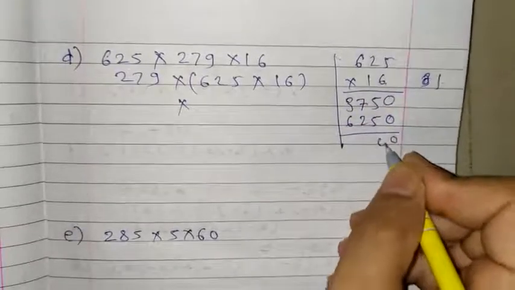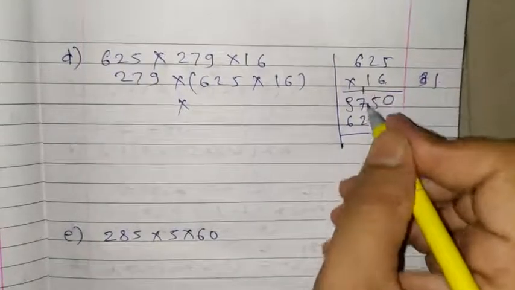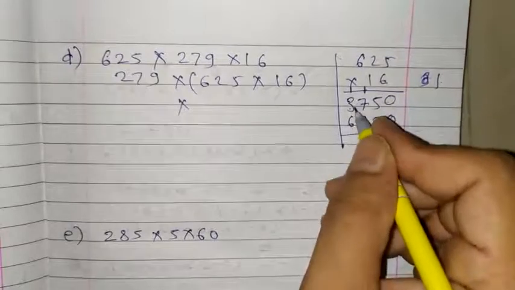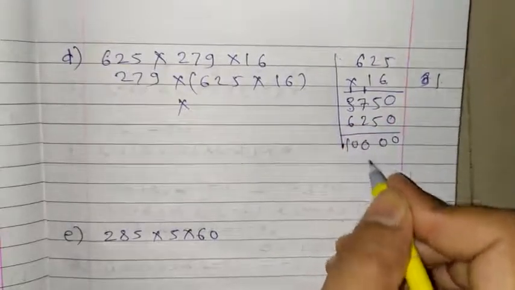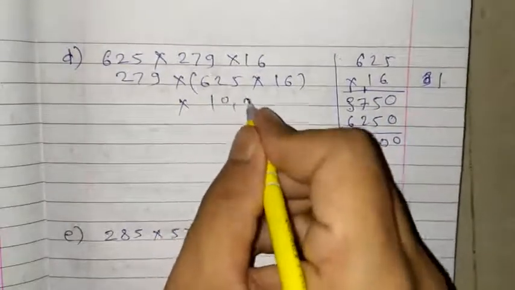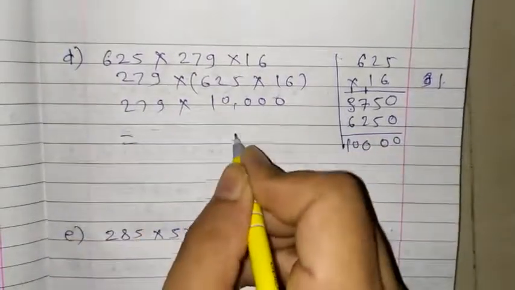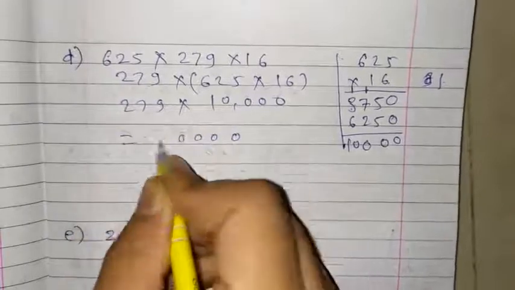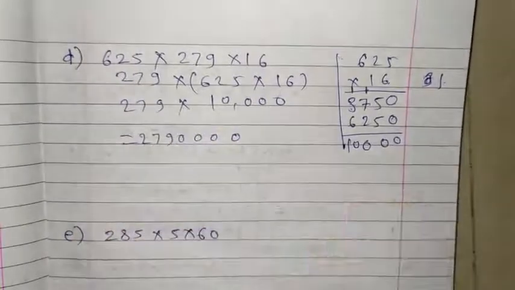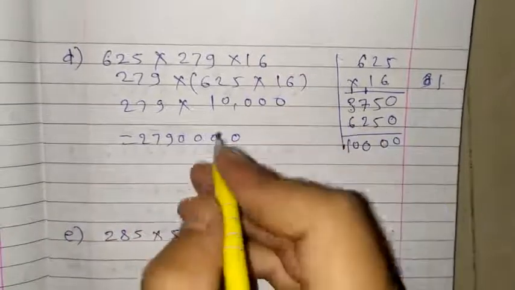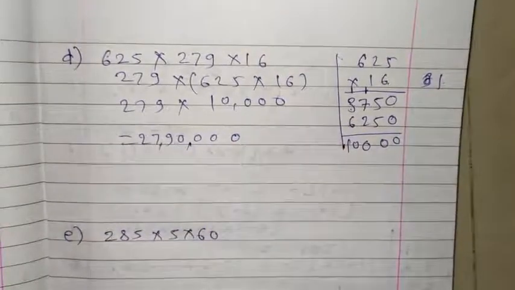Here 5 plus 5 is 10, 1 carry, 7 plus 1 is 8, 8 plus 2 is 10, 1 carry. Here 6 plus 3 is 9, 9 plus 1 is 10. So it is 10,000. Finally you write that 00 as it is, and 279, and finally we got our answer. So this is our answer.